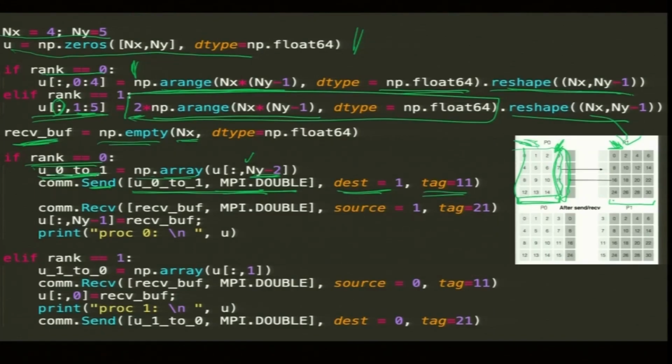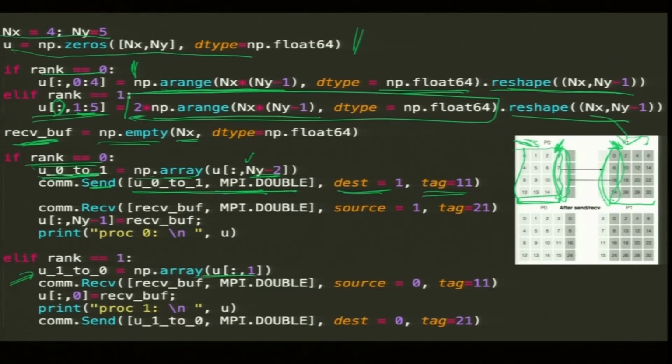This is to be sent by rank 0. Rank 1 also has to send data. So, where is it? U colon comma 1. It is the first Python column. The columns start from 0, 1, 2, 3, 4.